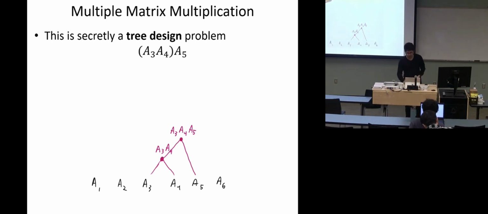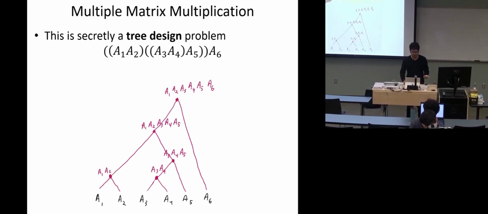And so on, you keep pairing up the matrices you have so far until everything is paired up at the end. You see, this is how you decide a binary tree.